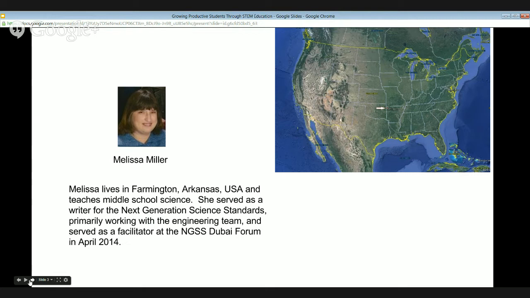My team was the engineering team, and so that was my primary responsibility, but we didn't really do a lot of our work until the physical science, earth science, and life science teams had gotten started. So our team worked on practices. We also worked on cross-cutting concepts, and then went into working with engineering and also working as liaisons with the other teams. And then in April of 2014, I served as one of your facilitators at the NGSS Dubai Forum.